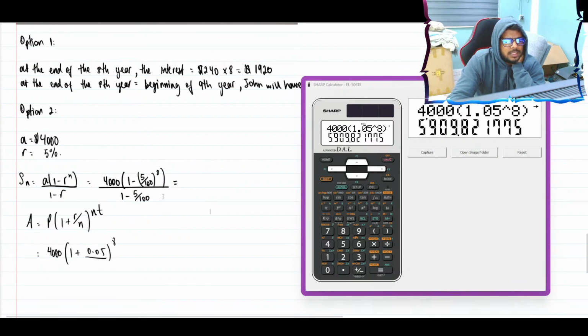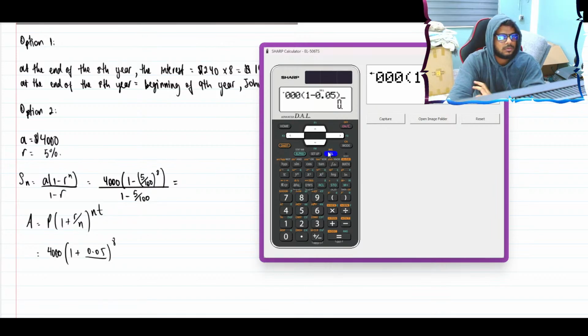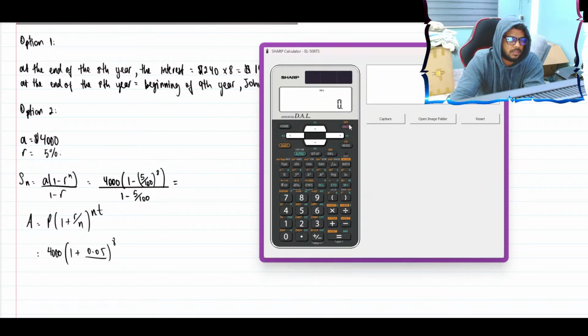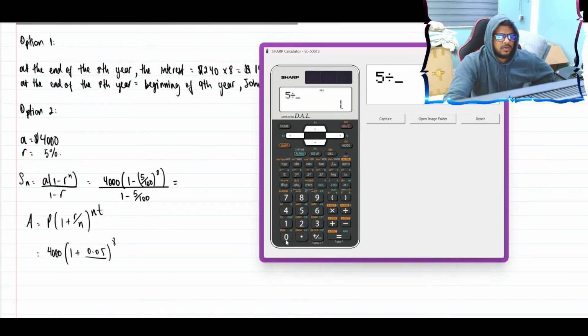Because at the end of the 8th year, that would be the sum of the first 8 years. Let me check back this calculation here, right? 4,000 into 1 minus 0.05, and that was raised to the power of 8. Oh. All right, I see my mistake. It was 5 over 100 to the power 8. 5 divided by 100 to the power 8.